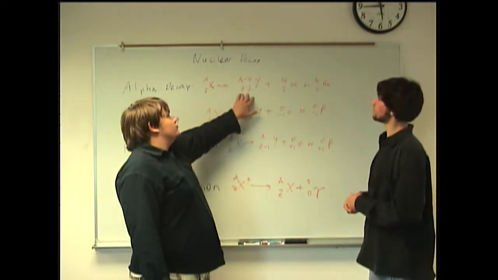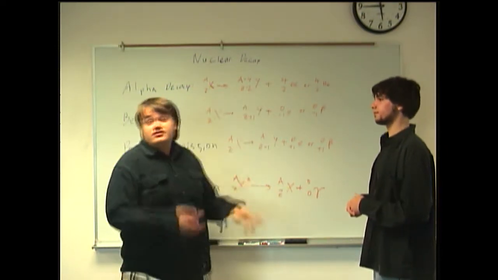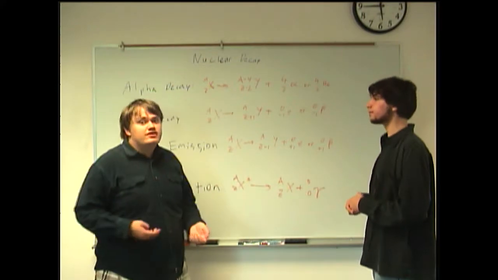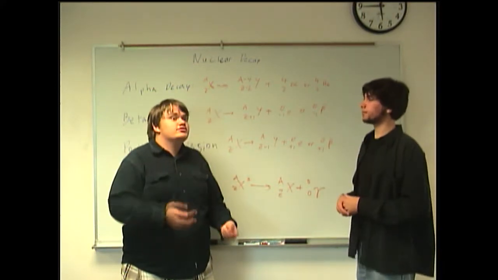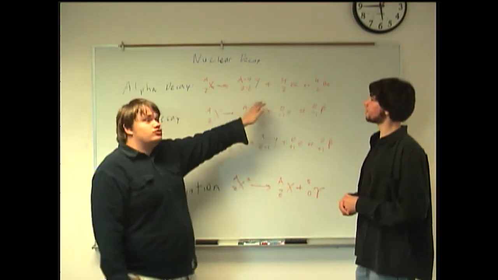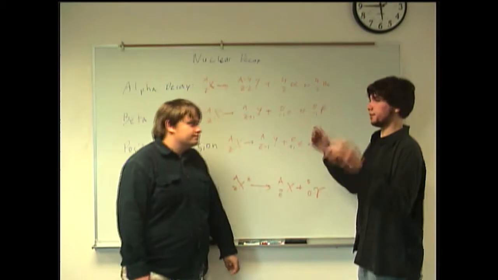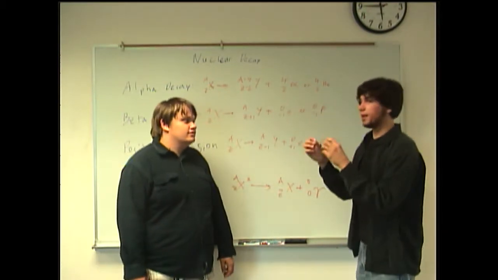And then what you have left over is a completely different nucleus that weighs 4 less than the previous nucleus. So it has 4 less total atomic mass and 2 less protons. So basically you're shrinking the big thing and emitting a smaller thing.